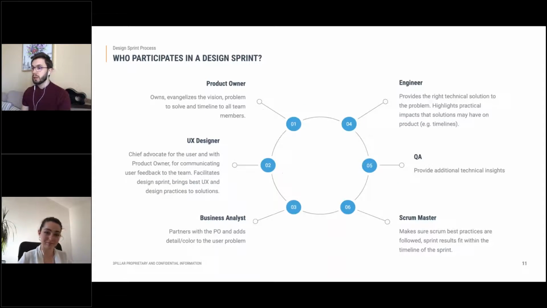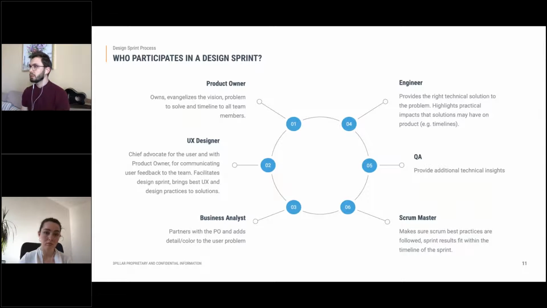Now, if we take a look at the structure, usually, especially in our types of engagements, that is short-term engagements. And when we use the term short-term, we usually refer to a discovery phase in the product development lifecycle in which we are just validating a concept.